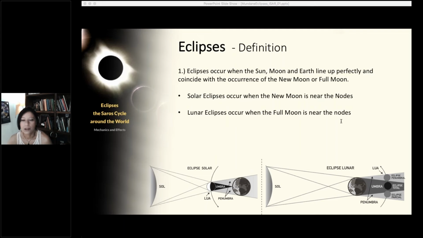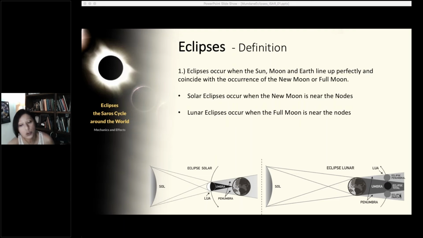And for the lunar eclipse, we have the penumbral, when it only goes through this area where we're not going to see a whole shadow of Earth, so that you're going to see very little. It's barely visible, actually.